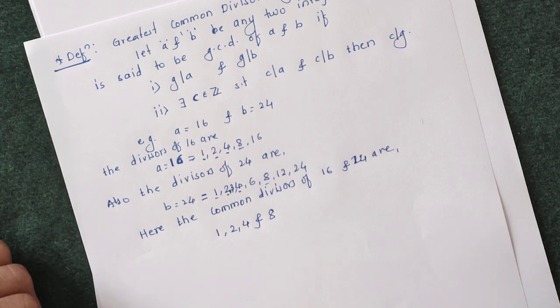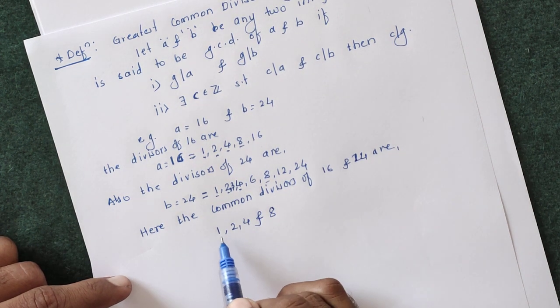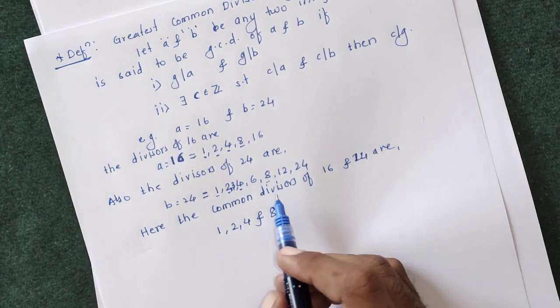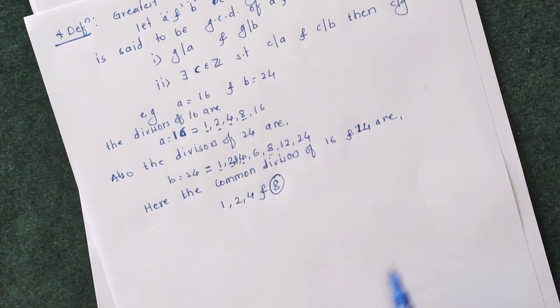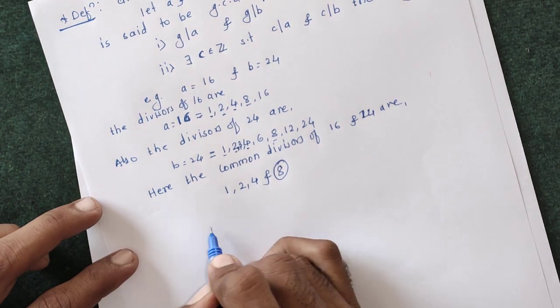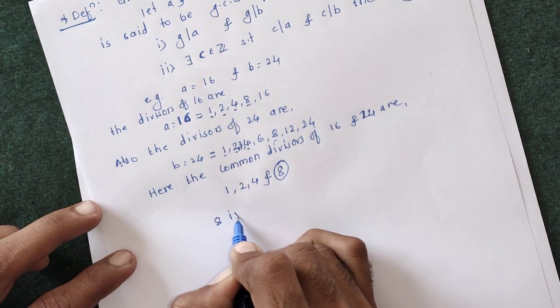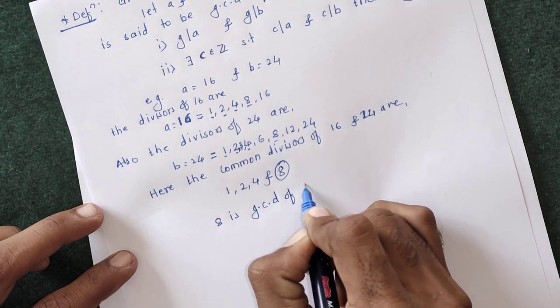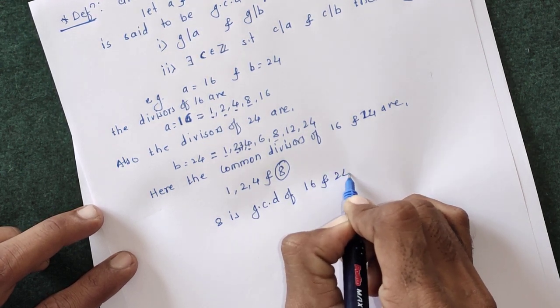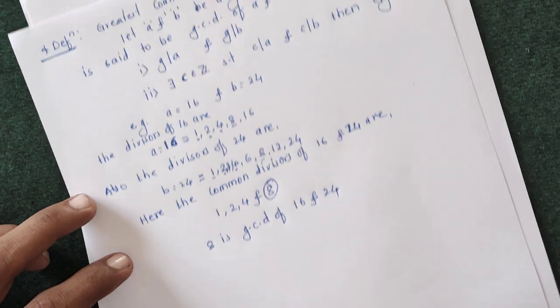GCD means greatest common divisor. These are the common divisors of 16 and 24, and 8 is greatest among those 4. So here our 8 is the greatest common divisor of 16 and 24.